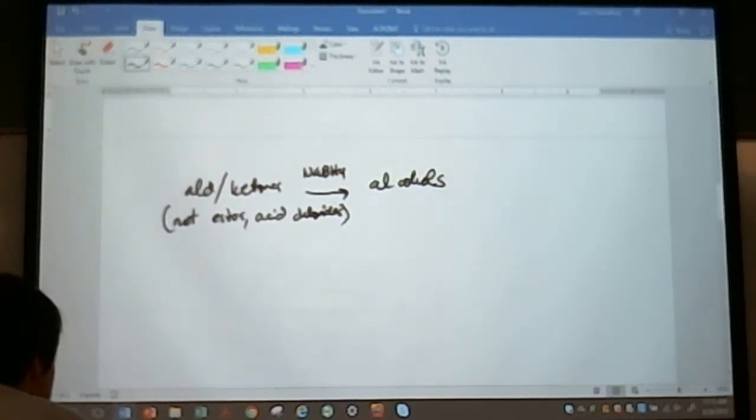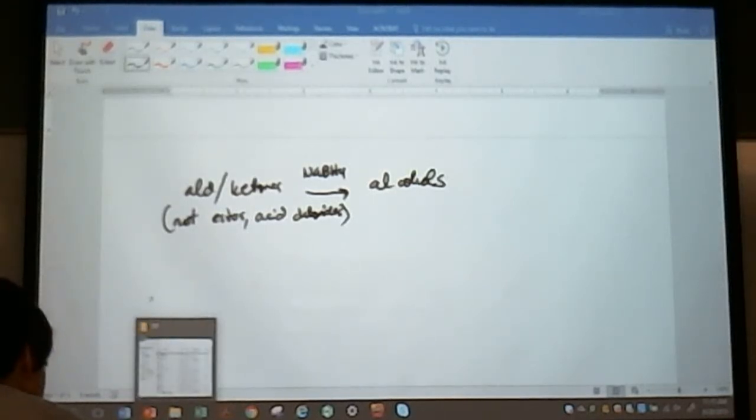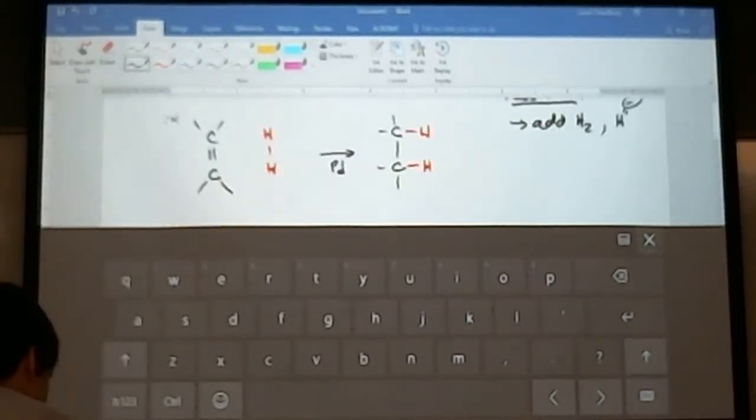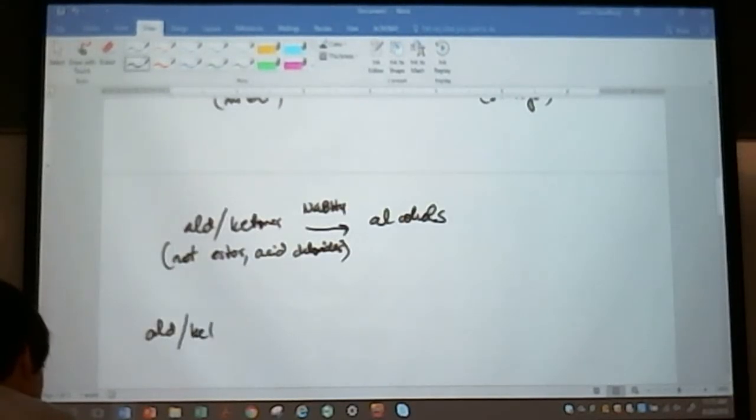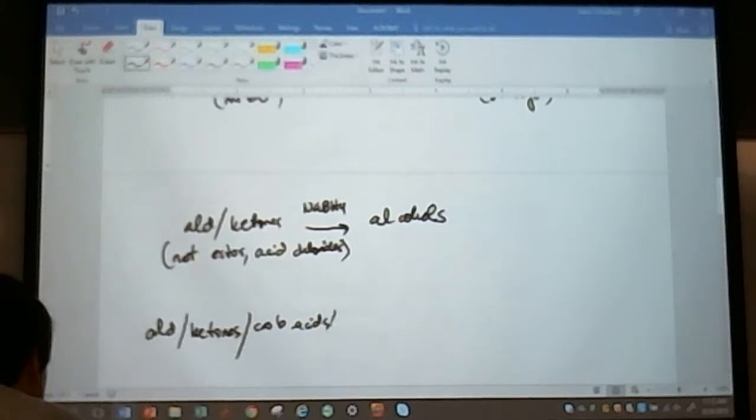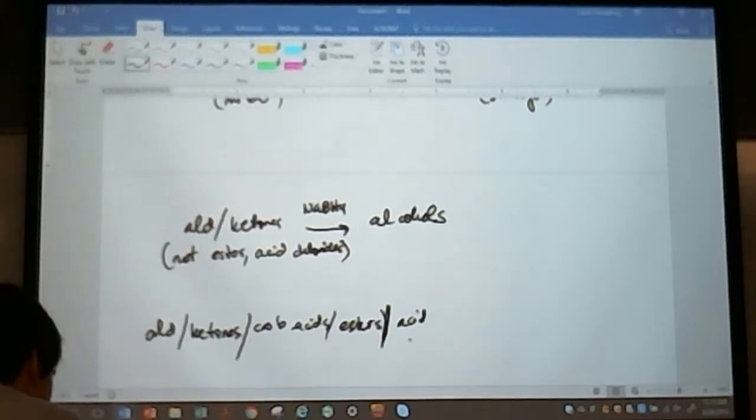Your stronger reducing agent, like lithium aluminum hydride, will serve to reduce aldehydes, ketones, but also your carboxylic acids and esters and acid chlorides and whatever, down to the alcohol.